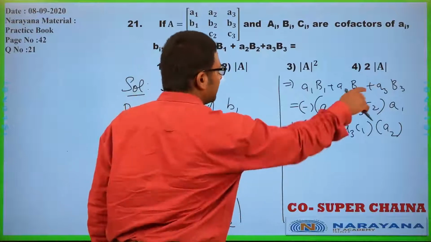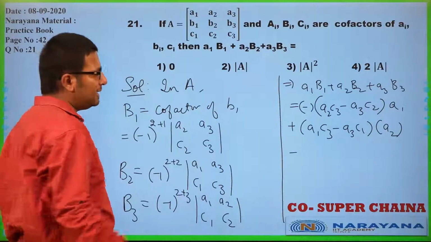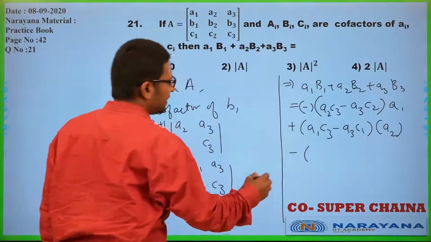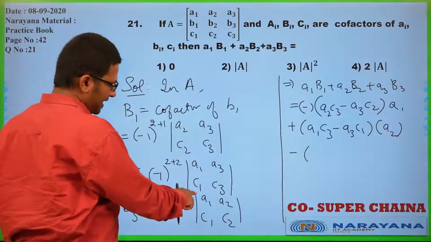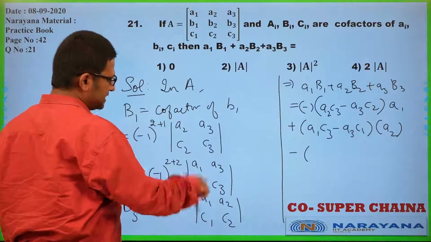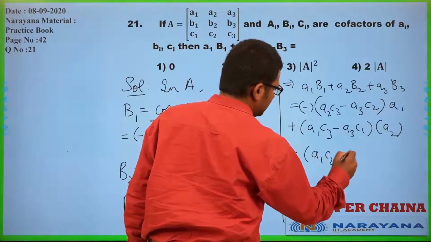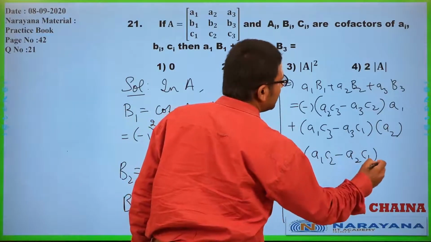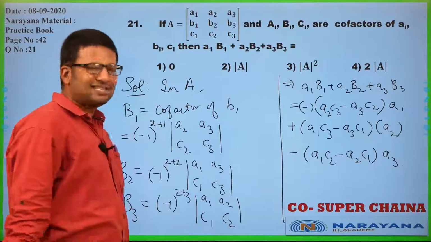And then minus again, because for B3 it is minus 1 raised to 5. So minus A1 C2 minus A2 C1 into A3. Alright. Now we just need to simplify this.